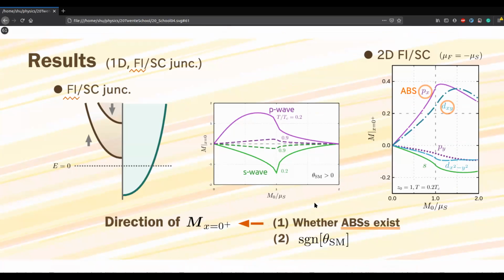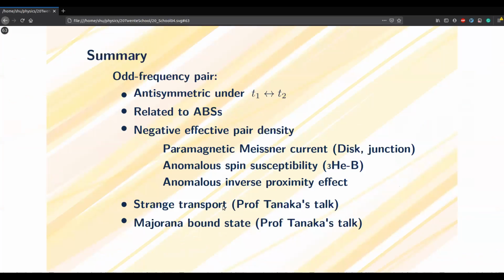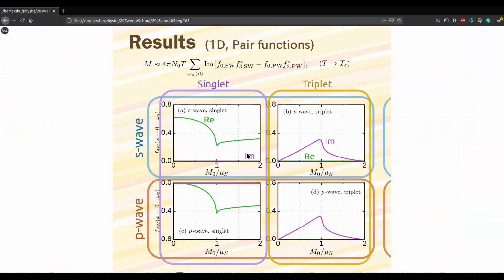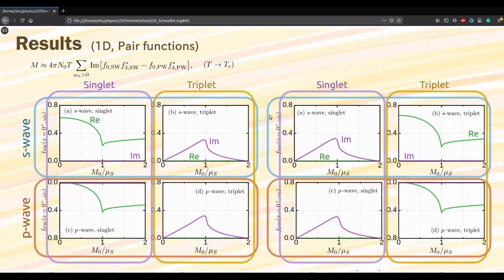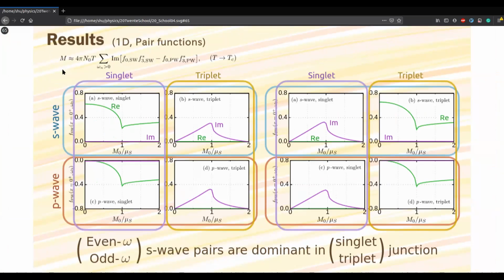Actually, it's not so simple. We tried to analyze the pairing symmetry at the interface. Basically, the magnetization is created by the product of the spin singlet and triplet pairs. In the S-wave junction, the dominant component is the spin singlet S-wave, I mean the even frequency pairs.